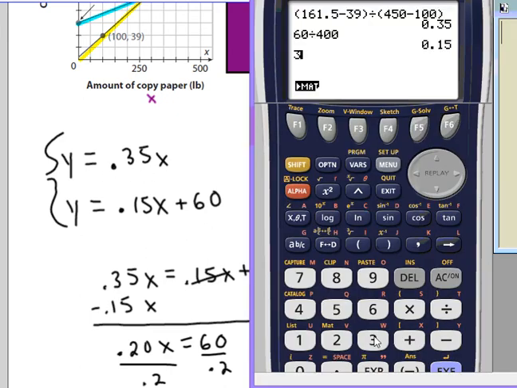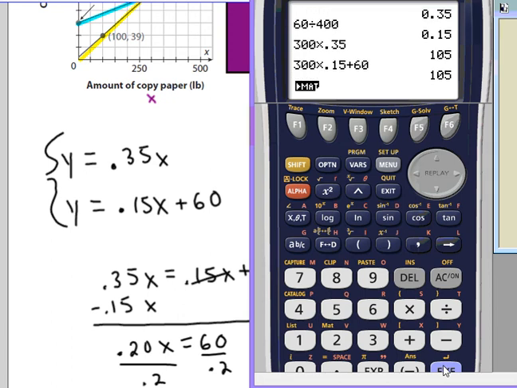Watch this, I'll do 300 times 0.35. Ooh, rascal. Get that times in there. It'd be $105. I'm going to compare that to 300 times 0.15 plus 60, because that's what this other equation was. Look at that, 105.